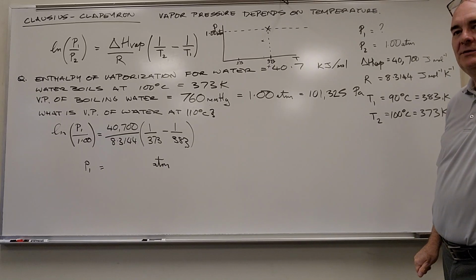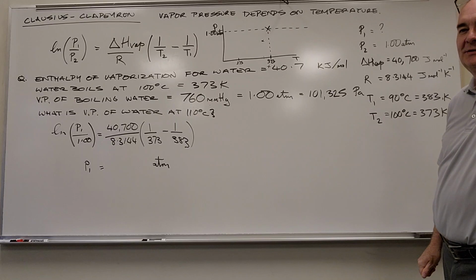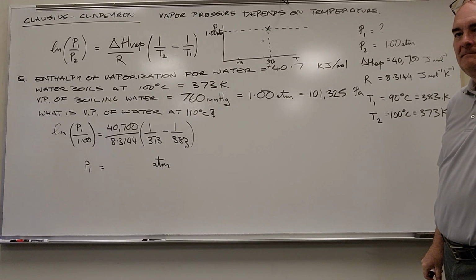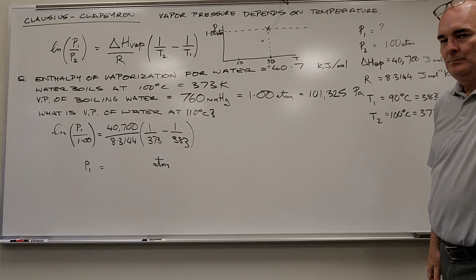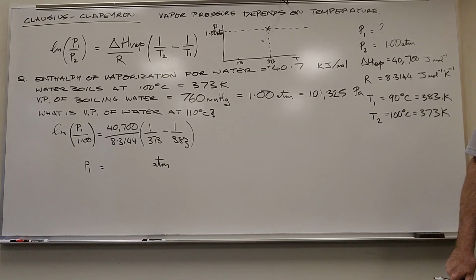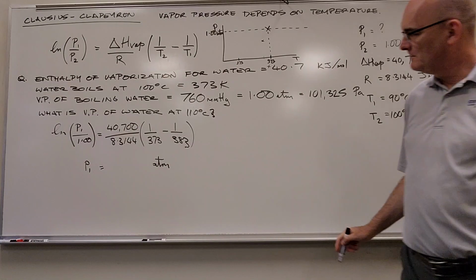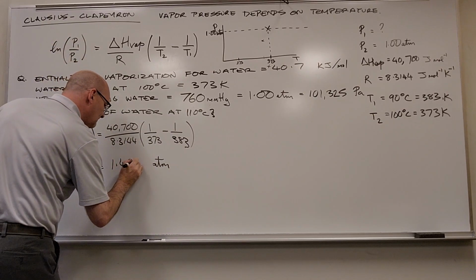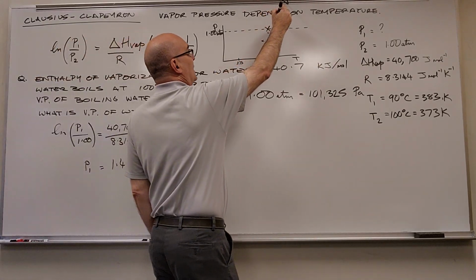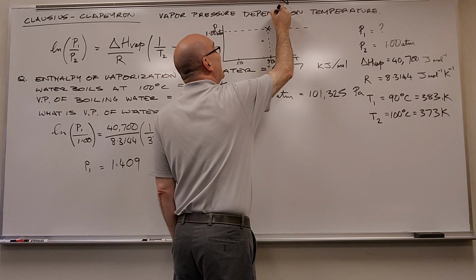What happens when we go up 10 degrees Celsius, 10 Kelvin? Got about like 409. Which puts us 40% higher.